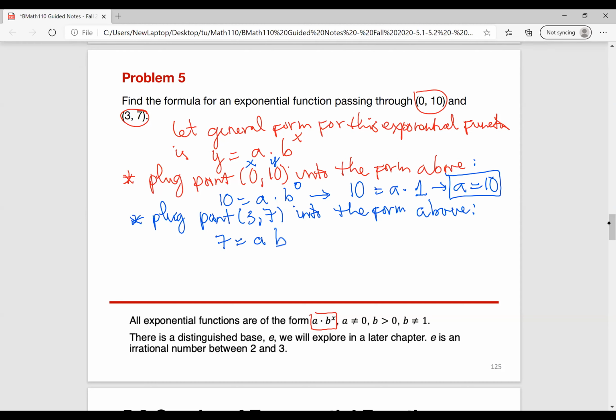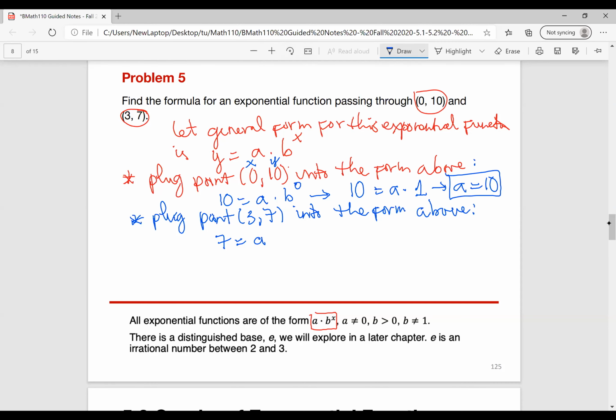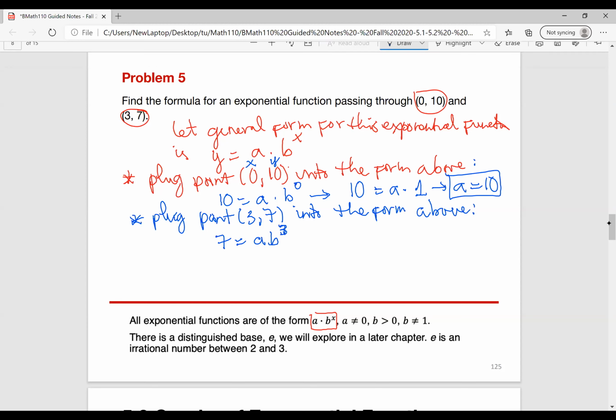We have a equal to 10 already, over here.